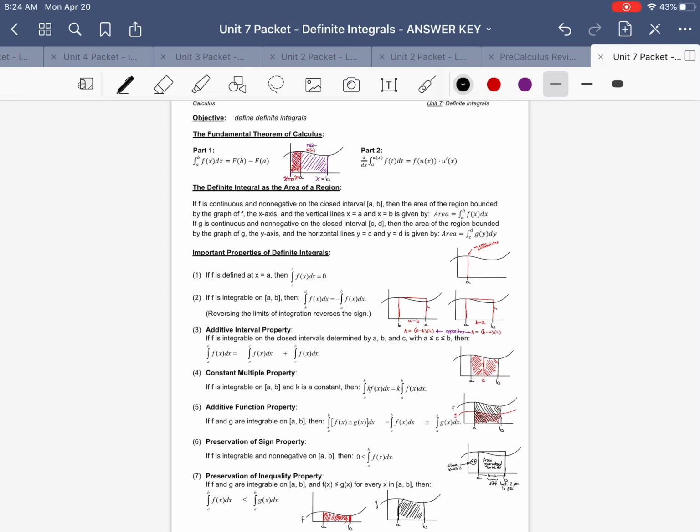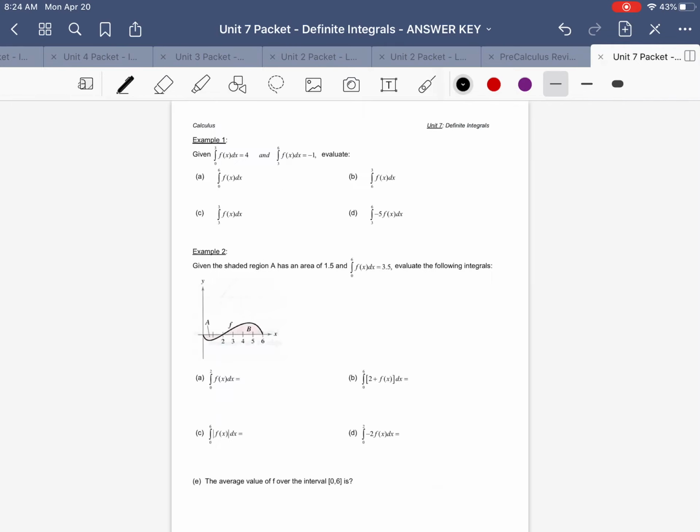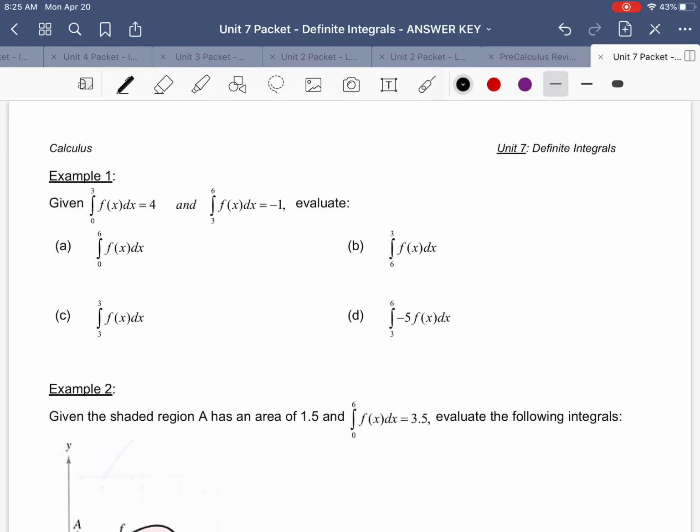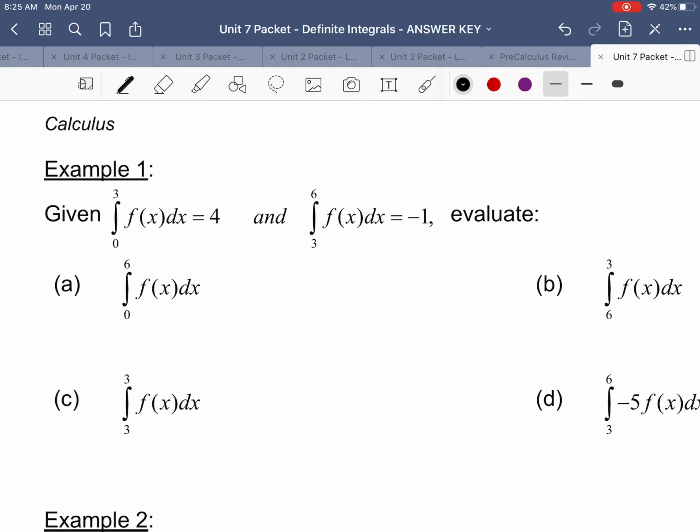I'll pull that up in a sec. It's really pretty basic on your calculator, but I wanted to give you an overview of how this stuff works, at least by hand. So we have a couple of examples on the next page that do not give you a specific function, so we have to use the properties here.